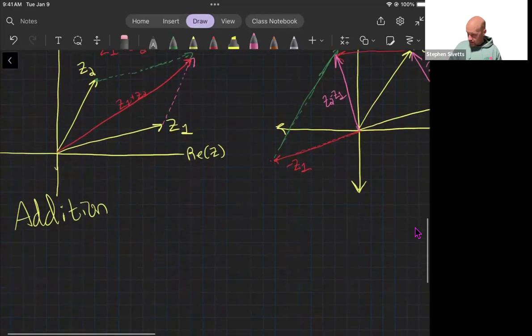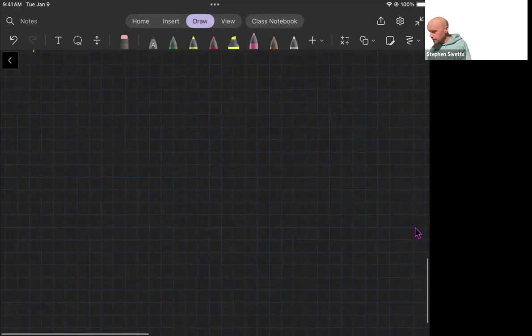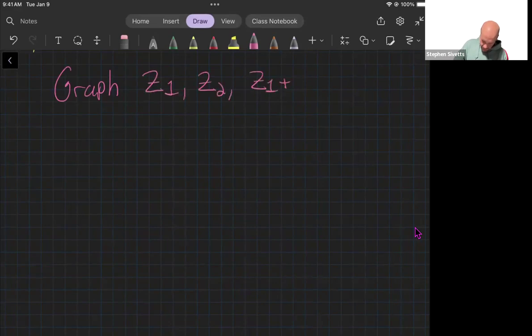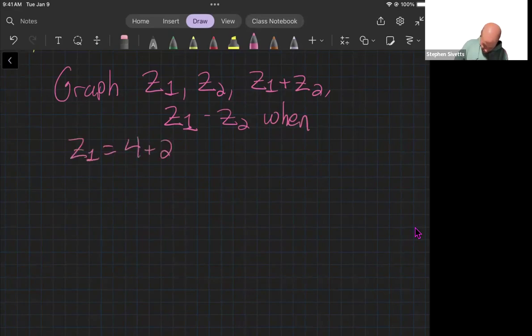So let's go over some examples, okay? Graph z1, z2, z1 plus z2, and z1 minus z2 when z1 is equal to 4 plus 2i, z2 is equal to negative 2 plus 5i.